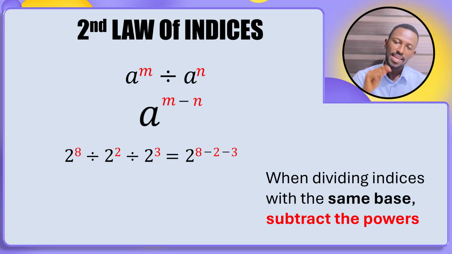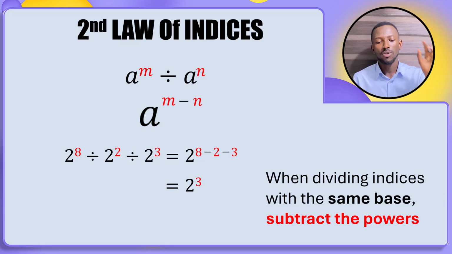So 2 to the power 8 minus 2 minus 3. And what would that give us? It gives us 2 to the power 3, because 8 minus 2 is 6, and 6 minus 3 is 3. I nearly got confused there. Good. I think the whole thing makes sense now.